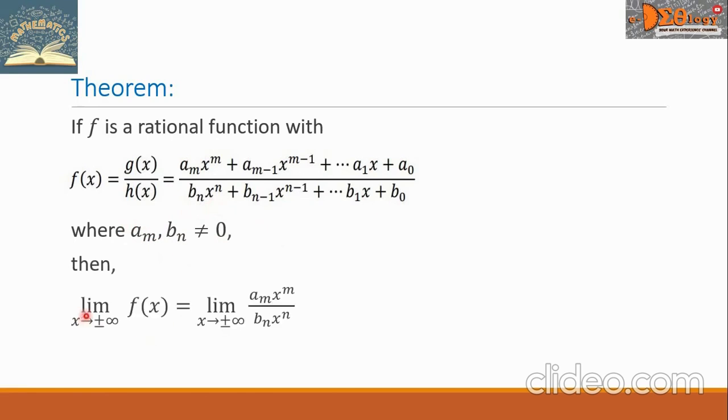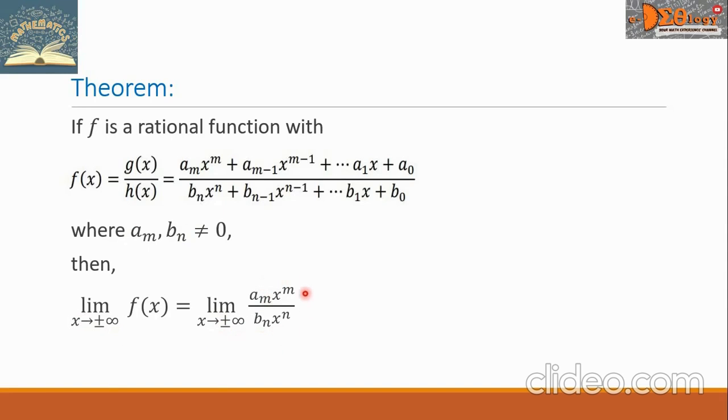Now, the limit of f of x as x approaches positive infinity or negative infinity equals the limit of a sub m times x raised to m all over b sub n times x raised to n as x approaches positive infinity or negative infinity.